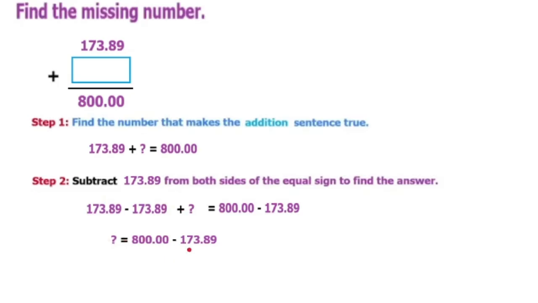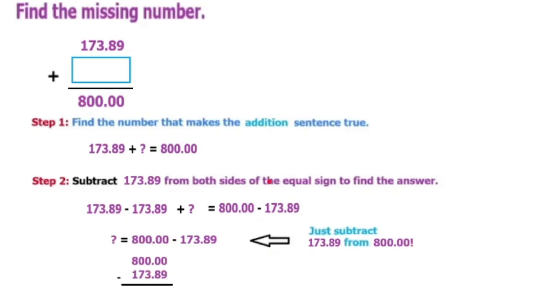Now we can go ahead and do this subtraction. And so really, all you had to do is just subtract 173.89 from 800 when you see something like this to get the answer. Okay, I'm just trying to prove to you why we do it that way. So now we could actually go ahead and do the subtraction.